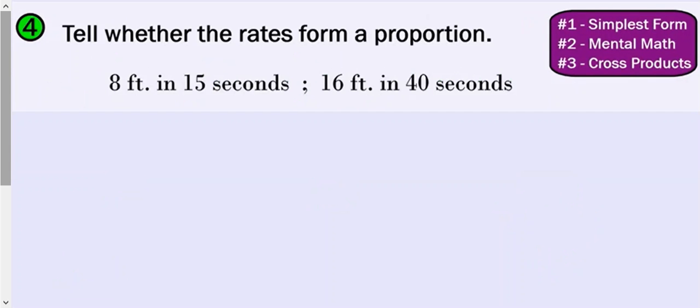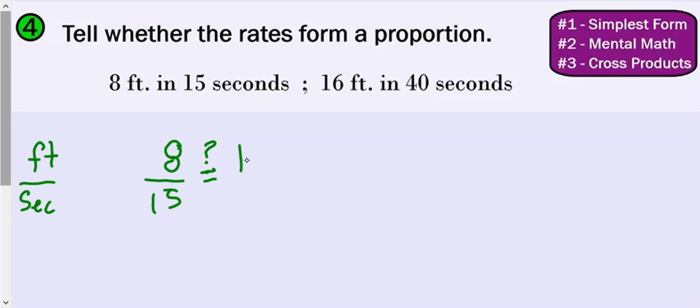All right, now we need to tell whether these rates form a proportion. So we have 8 feet in 15 seconds, and we have 16 feet in 40 seconds. We're going to put them into fraction form, with feet on top because they're mentioned first, and seconds on the bottom. So our fractions are 8 over 15, and we're trying to figure out if it's equal to 16 over 40. For this one, I'm going to use mental math to figure out if these ratios are equal.